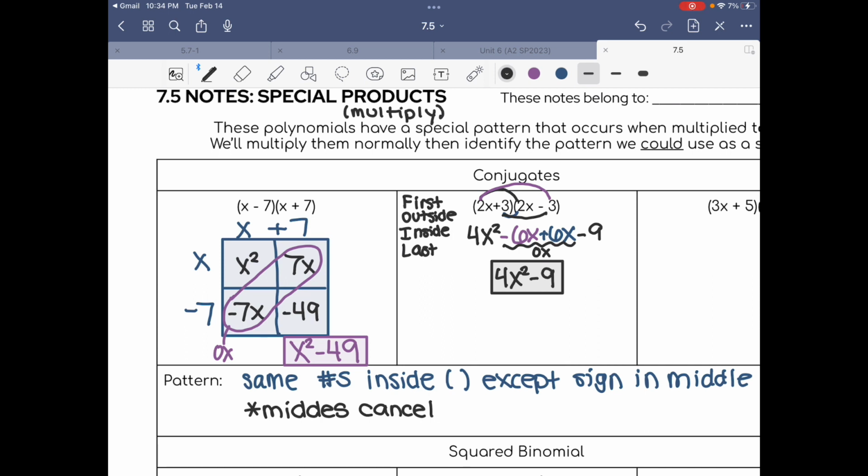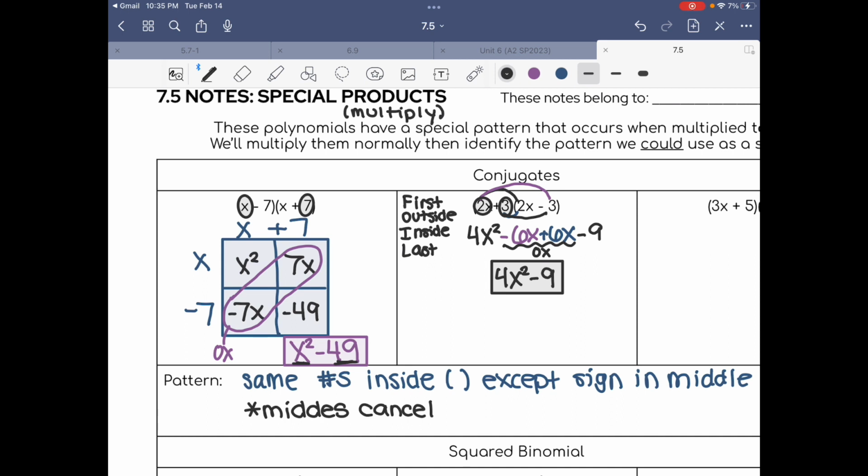And what you have left is actually this first number squared. So x squared is x squared. And 7 squared is 49. 2 squared is 4. X squared is x squared. And 3 squared is 9.